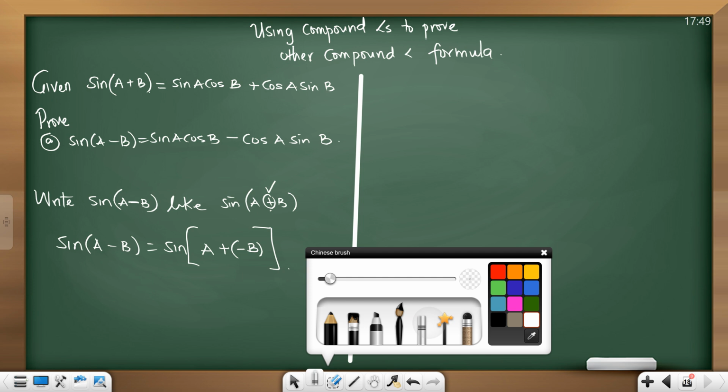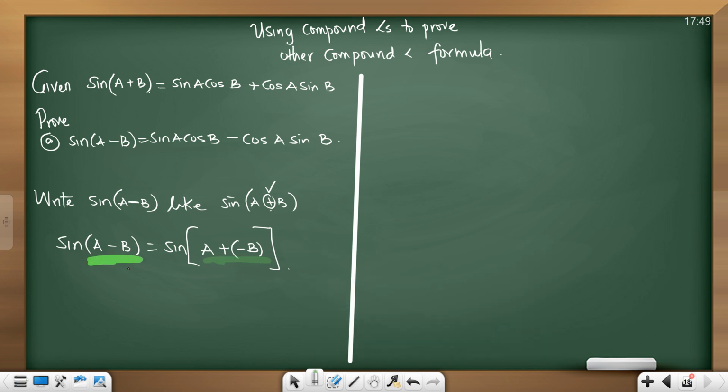Do you notice that this expression is the same as this? Because what is positive times negative? So I've not changed it. So I have sine item 1 plus item 2, which is what I have here. Let me know if it makes sense, everybody.